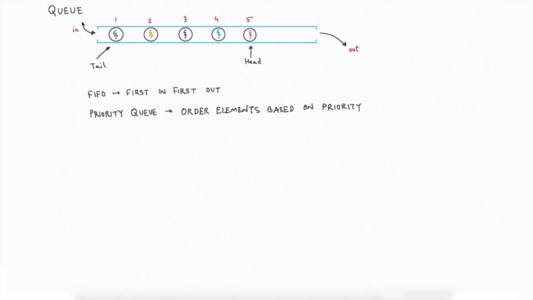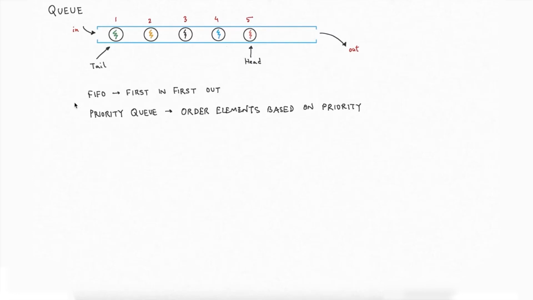So the queue interface can be used in many different ways. It can be used as a FIFO queue, it can be used as a priority queue, and it can be used to have elements in any order that we require. However, mostly we use queues with FIFO ordering.